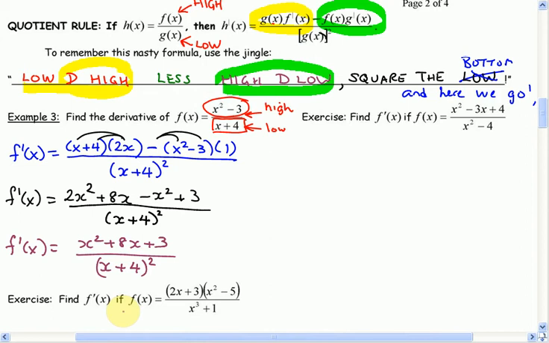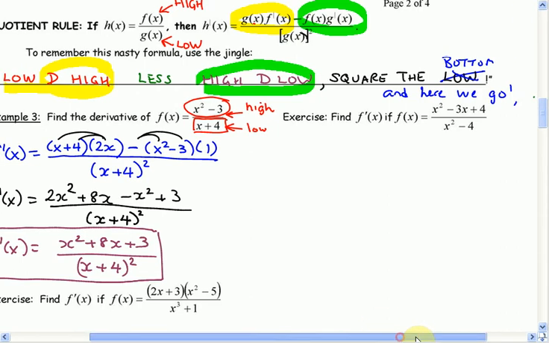Okay? And that's it. So I'm just going to ask you to try the exercise to the right. Once again, you have a function. You can see that it is a quotient because there's something on the top and something on the bottom.